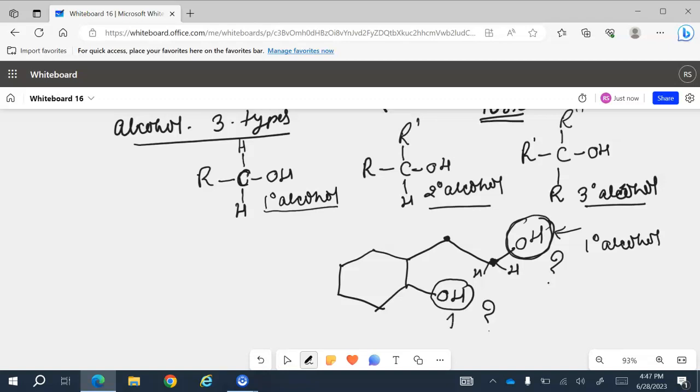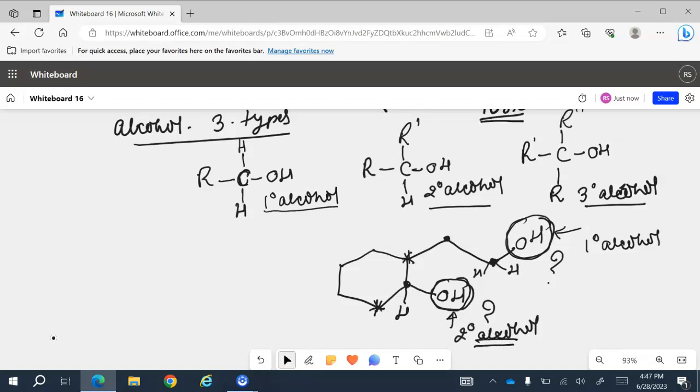Similarly, to know what type of alcohol the second OH group is, you can see the carbon that possesses the OH group is connected with one carbon here and one carbon here, two carbon groups. That means it has only one hydrogen. That makes this alcohol a second degree or 2 degree alcohol.